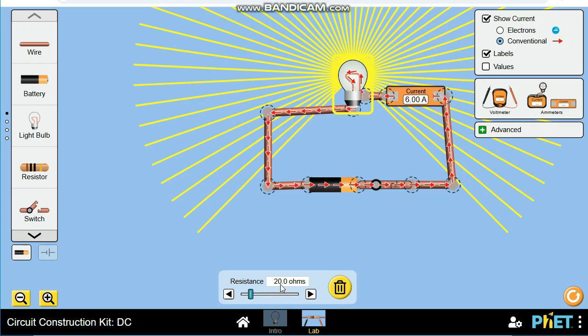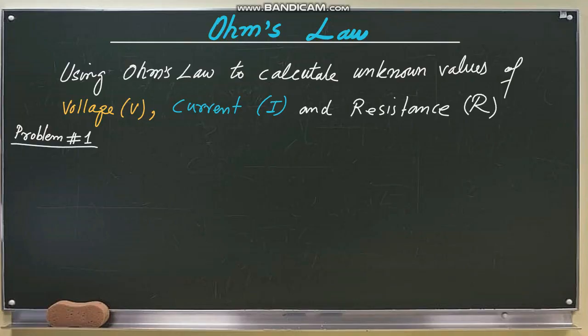As soon as the resistance of the bulb is increased up to 20 ohm, the current becomes 6 ampere. It means if we double the value of the resistance, the current becomes half of its initial value. It proves that the resistance and current are inversely proportional to each other.